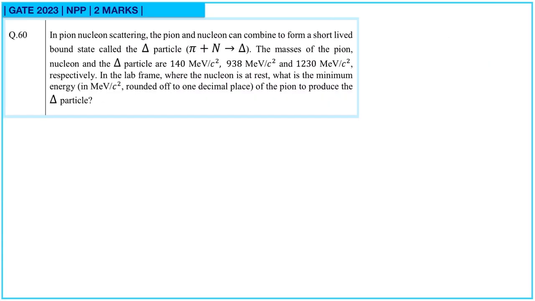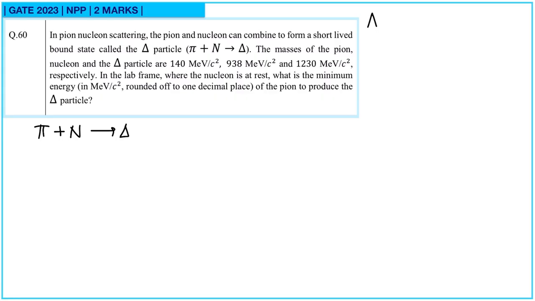Next question. In pion-nucleon scattering, the pion and nucleon can combine to form a short-lived bound state called the delta particle. So this is the reaction. The masses of pion, nucleon and delta particle are given. In the lab frame where the nucleon is at rest, what is the minimum energy of the pion to produce the delta particle?